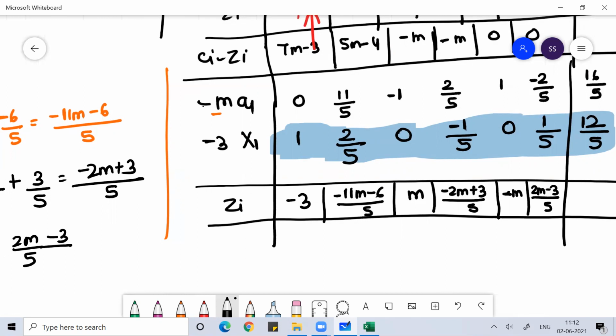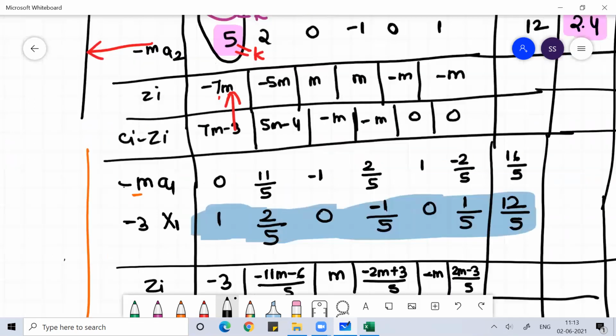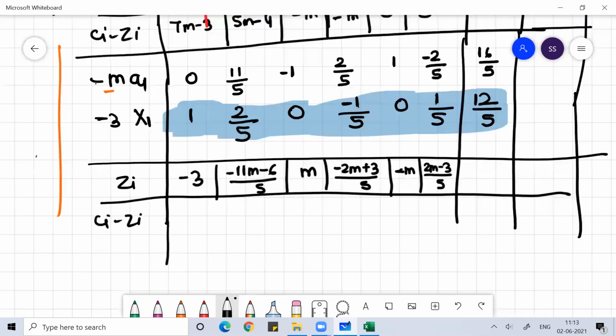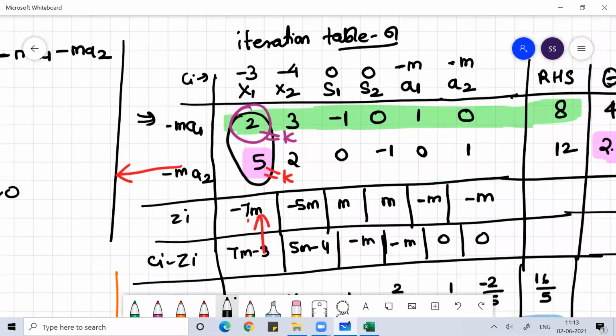Okay, so I hope you understood this. Then you will find Ci minus Zi. For Ci minus Zi, you need the Ci value: minus 3 plus 0, then this is minus 4.